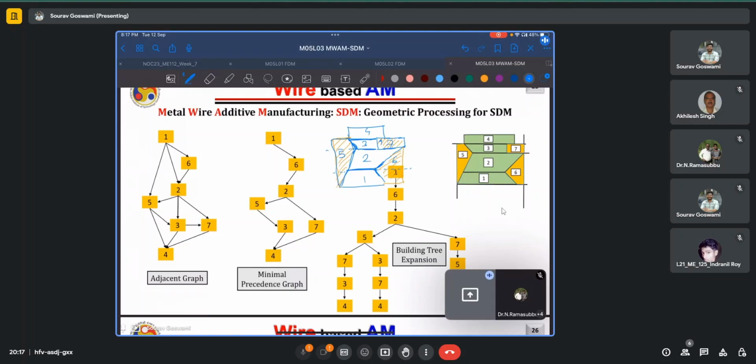So starting at part 1, that is starting at the bottom, I see that part 2, part 6, and part 5 are in contact with it, and I write them. So 5, 2, and 6. There is no preferred order between the three. I can write them in any sequence.